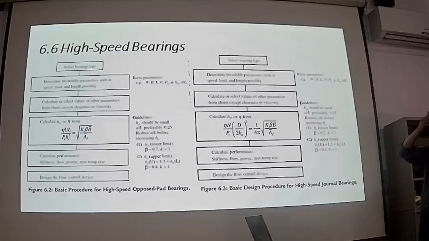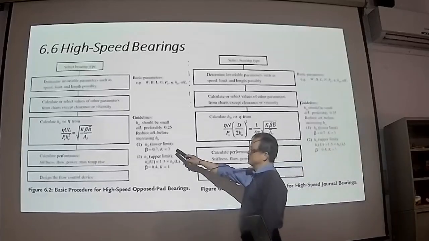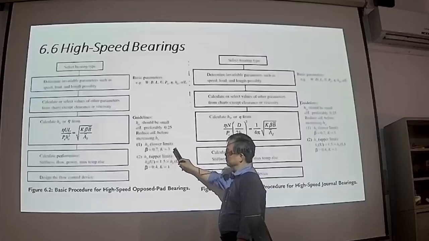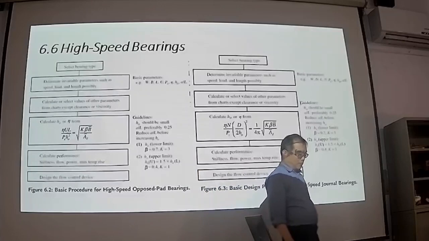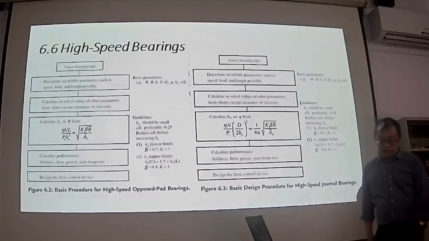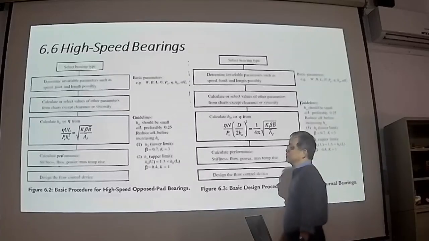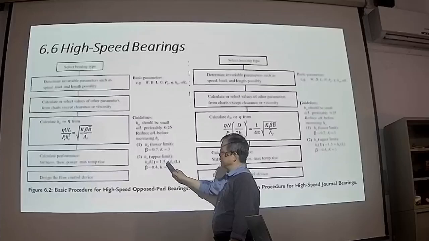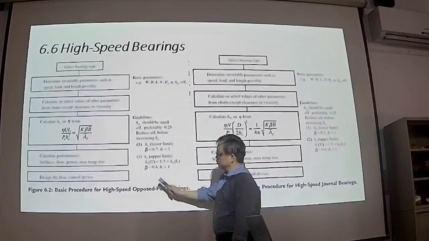Okay. And then we have some limit for that. The lower limit for the film thickness is that beta equals 0.7. K is the power ratio for high speed thrust bearing. And the upper limit of the film thickness is equal to 1.5 times the lower limit. And beta is equal to 0.4.